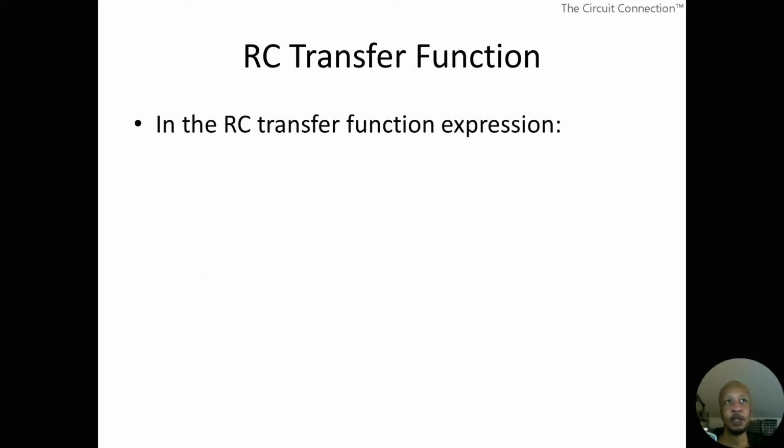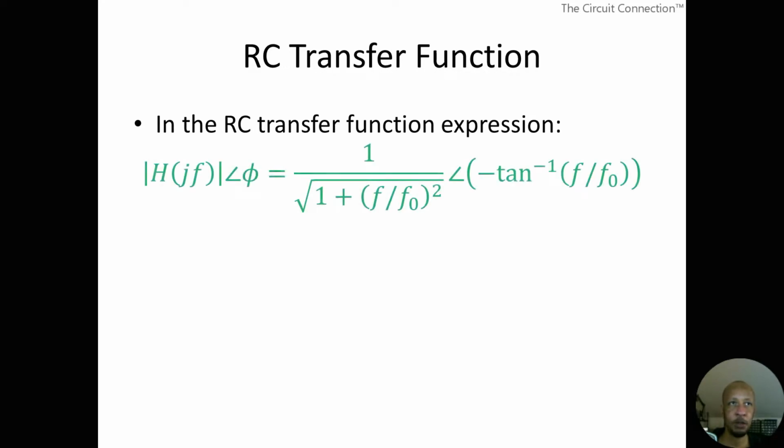Next, in the RC transfer function expression, which is this now, see how I replaced it there. You have F over F0 here, okay? And you also have F over F0 here. So when you evaluate this expression at these critical points, when F equals F0 over 100, again, it depends on your values, the values that I used in the circuit that I simulate, you are at approximately 0.